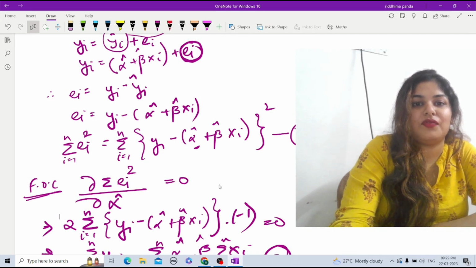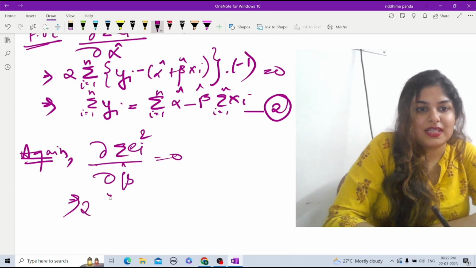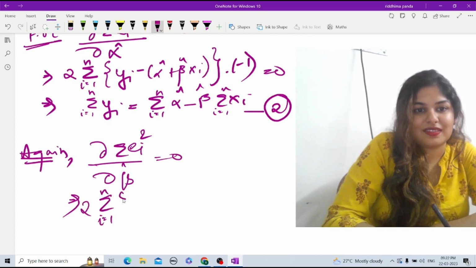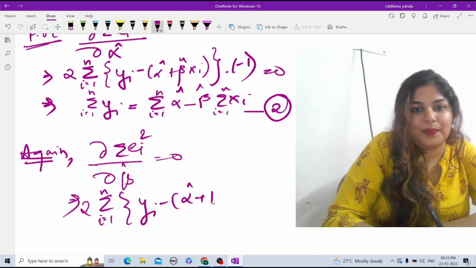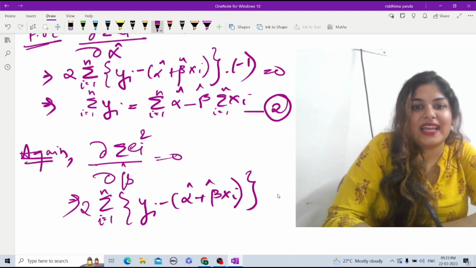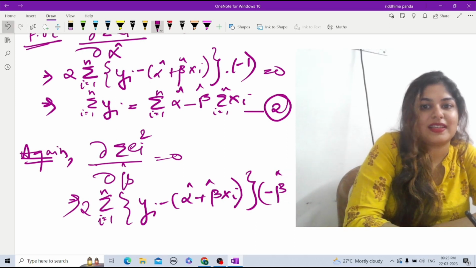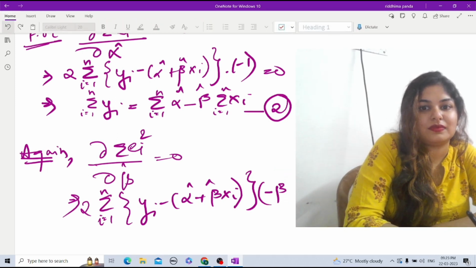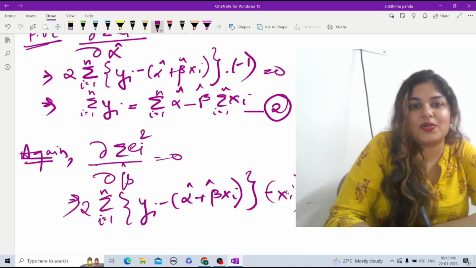I get 2 into summation of (yi minus alpha hat minus beta hat xi) into, since I have beta hat xi, minus xi. That equals 0.